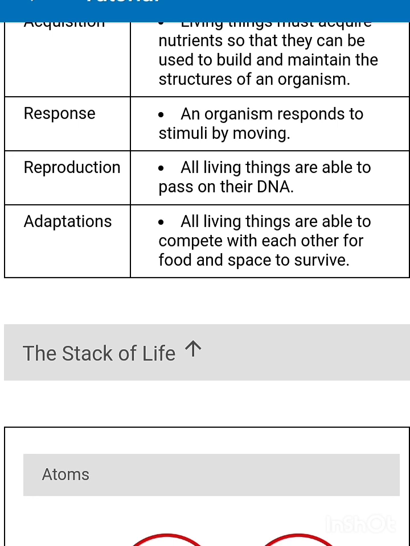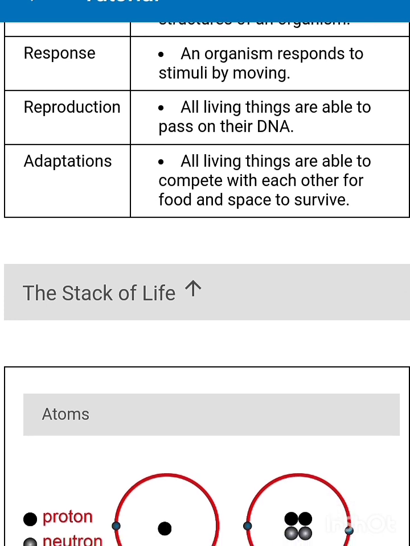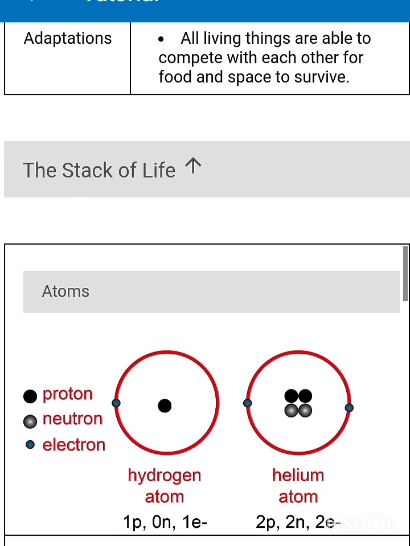Response: an organism responds to stimuli by moving. Reproduction: all living things are able to pass on their DNA. Adaptations: all living things are able to compete with each other for food and space to survive.